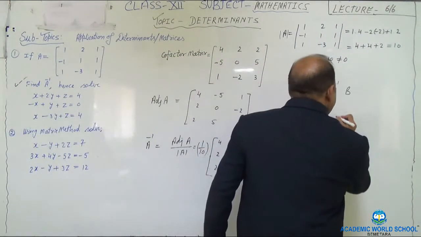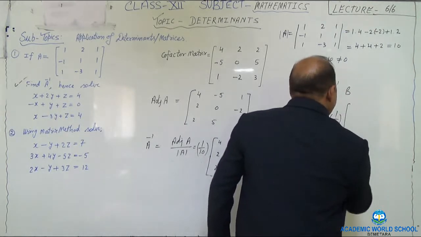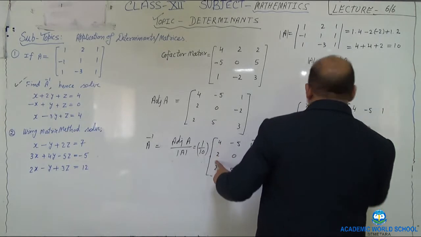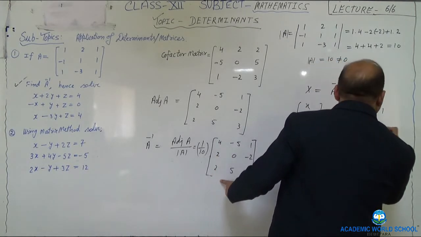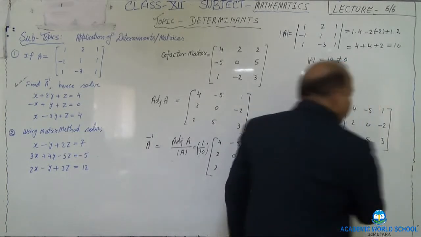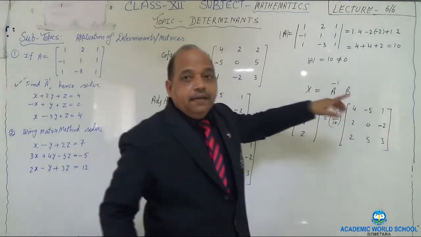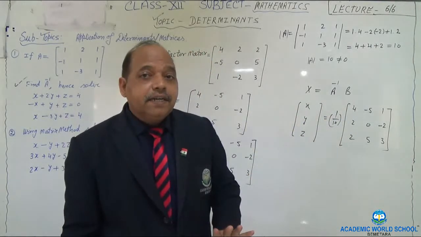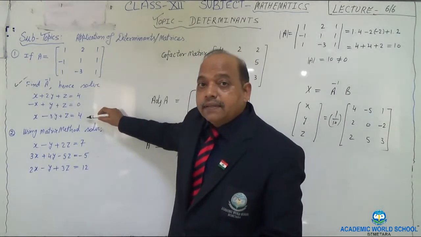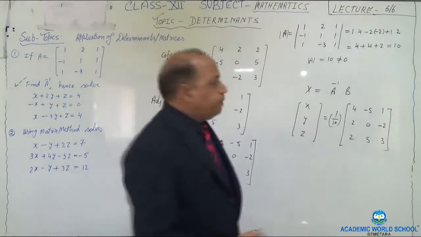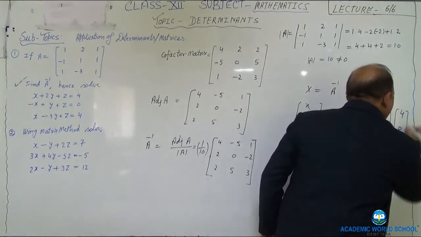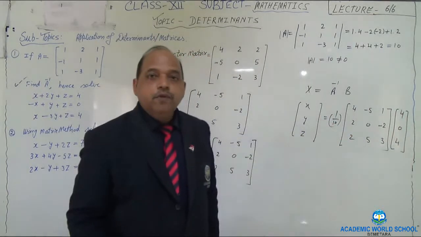So you can write that 1 by 10 and then this matrix is 4 minus 5 1 2 0 minus 2 and then 2 5 3. This is my A inverse. What is B? As I told you earlier, B is a scalar matrix. What are the scalars? 4 0 4. These are the scalars. So the scalar matrix, when you are preparing, is nothing but 4 0 4.